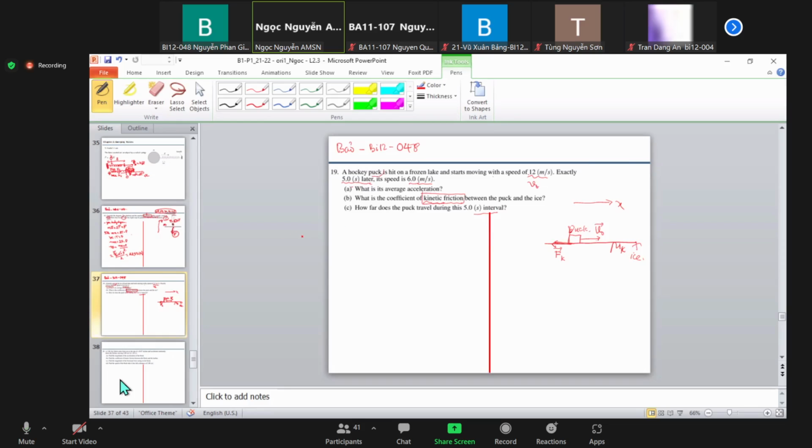Can you write down the general equations for the object first, please? The second law. Very important: you have to write out all the forces acting on the body.